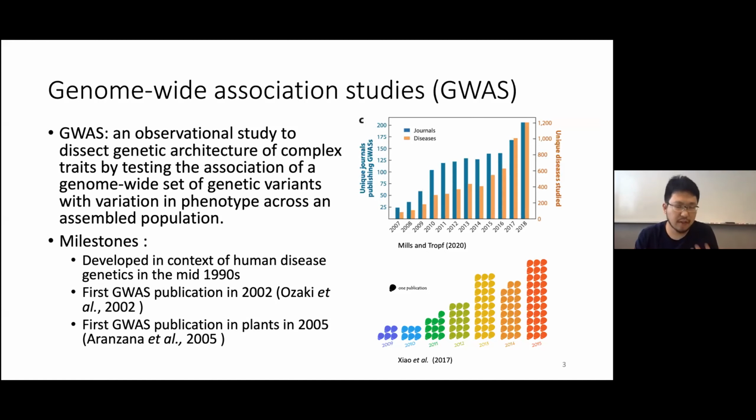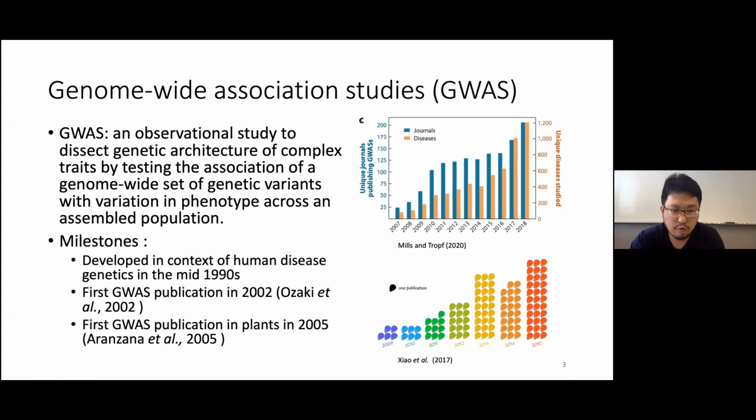The concept of GWAS was invented by researchers in human disease genetics back in the mid-1990s. And the first GWAS paper was published in 2002. And since then, as you can see from the top panel here, the number of journals and the number of case studies about GWAS increased dramatically in human research.